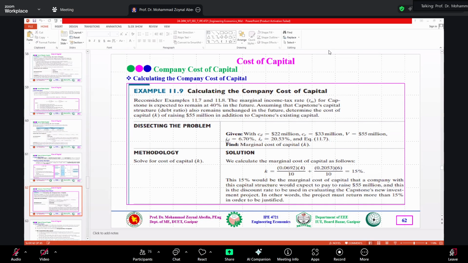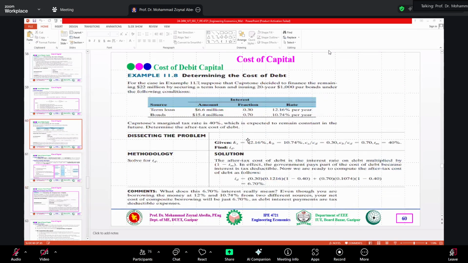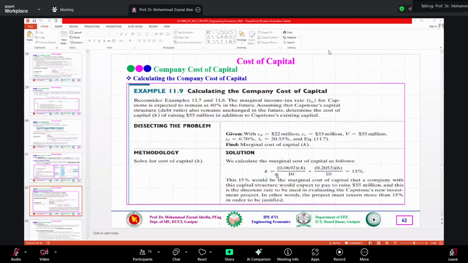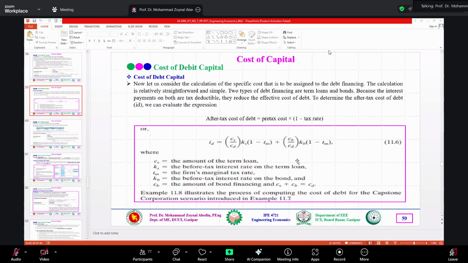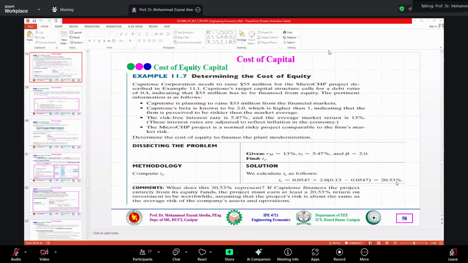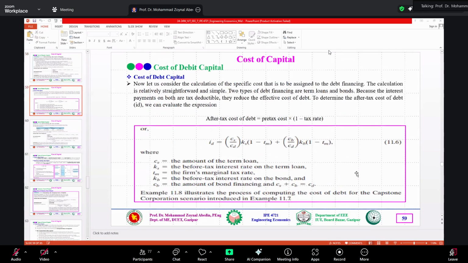Now ID is given in the previous slide, 6.70 is the ID value, the cost of debt. And cost of equity, 20.53, we have also got.